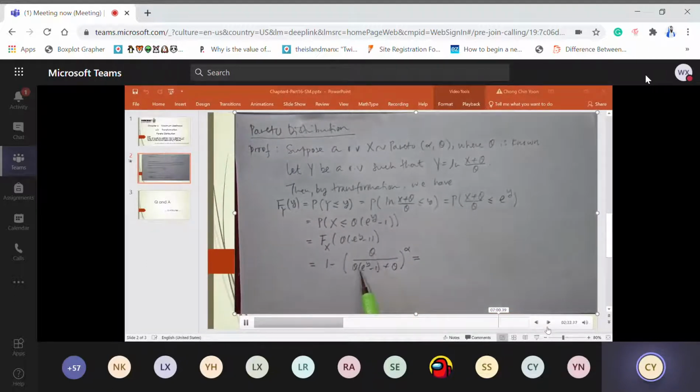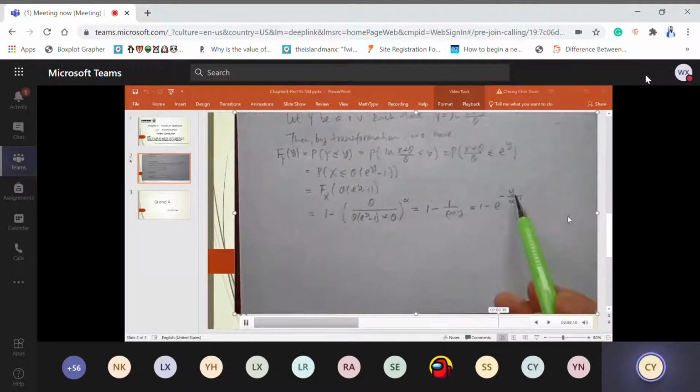And this theta will be eliminated, so we have 1 minus 1 over e to the power of alpha y, and this is equal to 1 minus exponential to the power of -y divided by alpha to the power of -1.